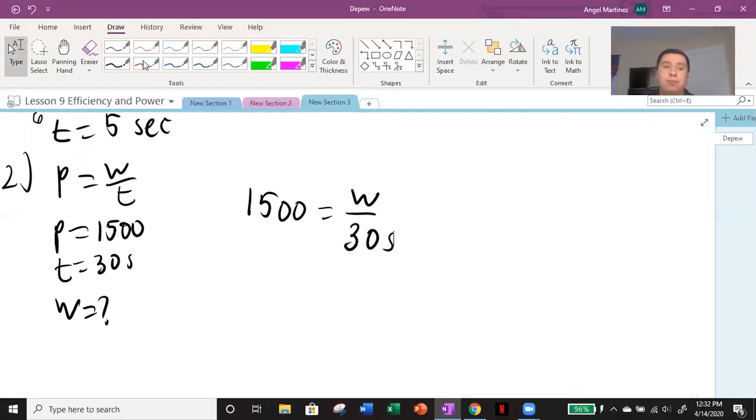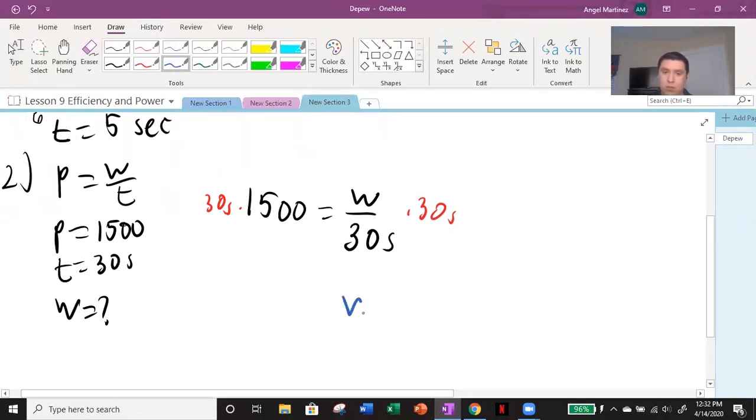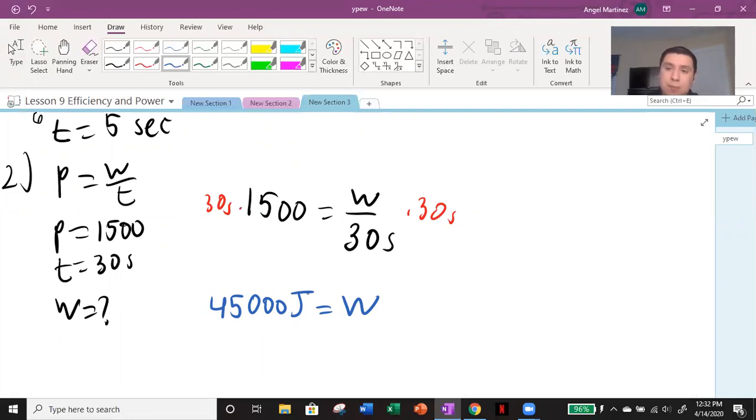So we have to just multiply by 30 to both sides. So to do that, 1,500 times 30. Well, 15 times 3 is 45, so we know we have to put that. And then there's 3 zeros, so we're going to have 45,000 joules. That's the answer. Okay, pretty simple.